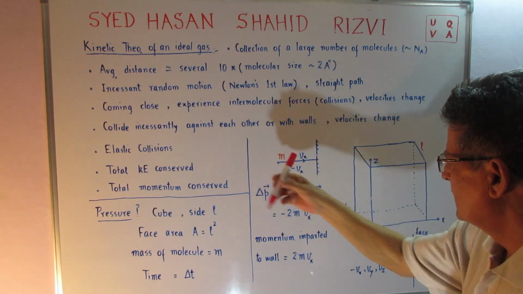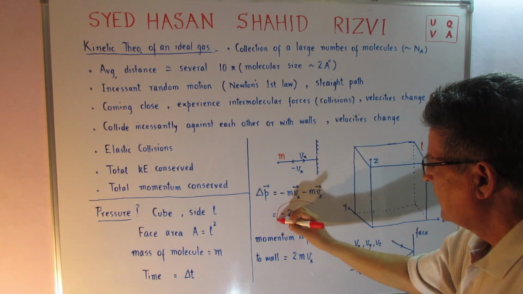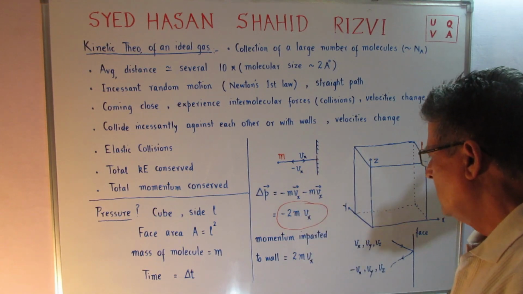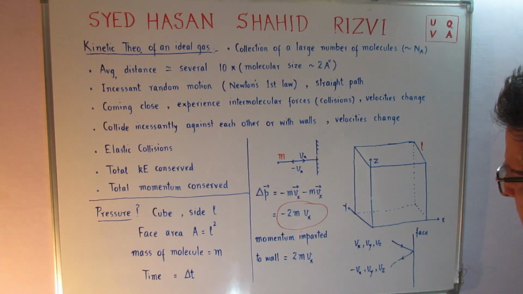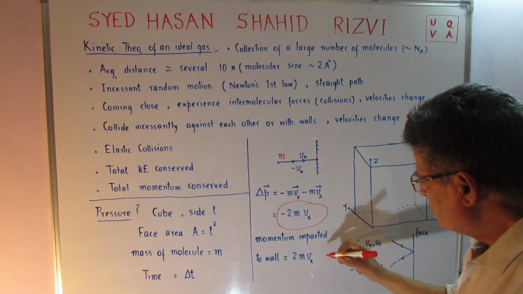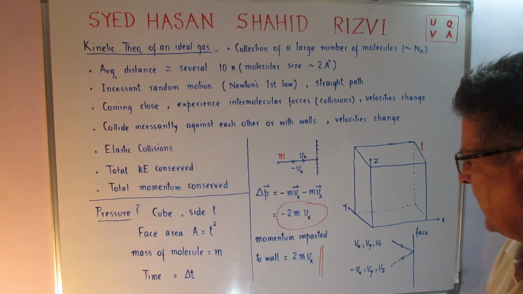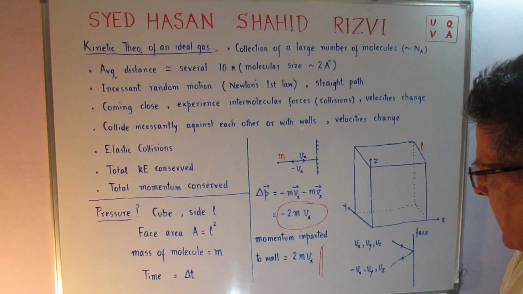That is this momentum minus this momentum. It turns out to be equal to minus 2mVx, for a single molecule in direction x. So this is the change in the momentum, and the momentum imparted to the wall is equal to 2mVx.